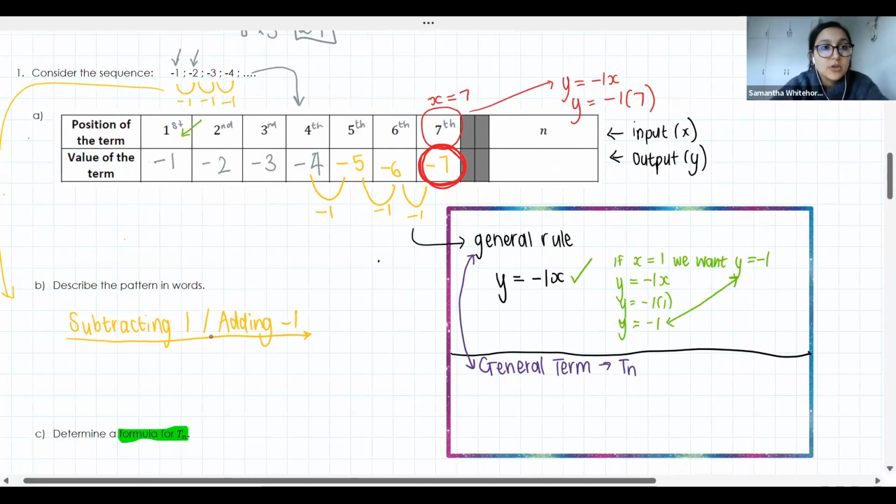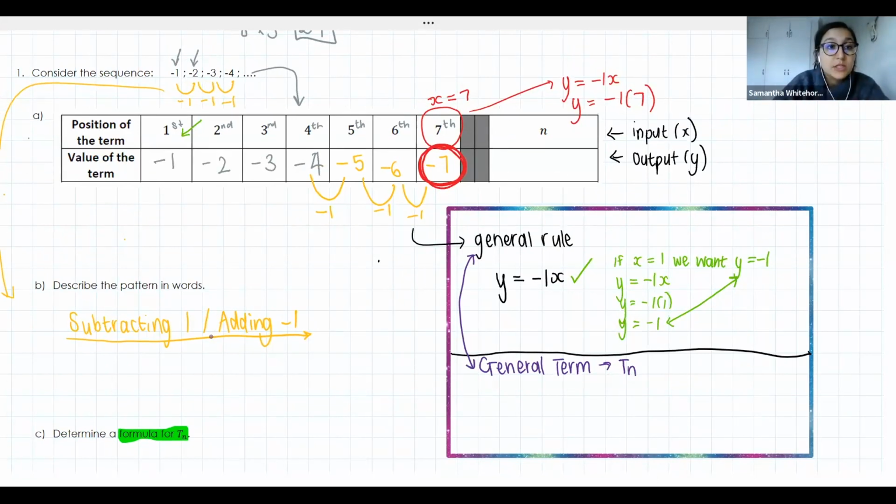So it's asking you to find the rule for the number pattern. Now, who knows why mathematicians decided that for number patterns we need to use different variables and different notation, but someone decided that we needed to. Okay, so if we're looking for the general term, basically what we're looking for is our equation.